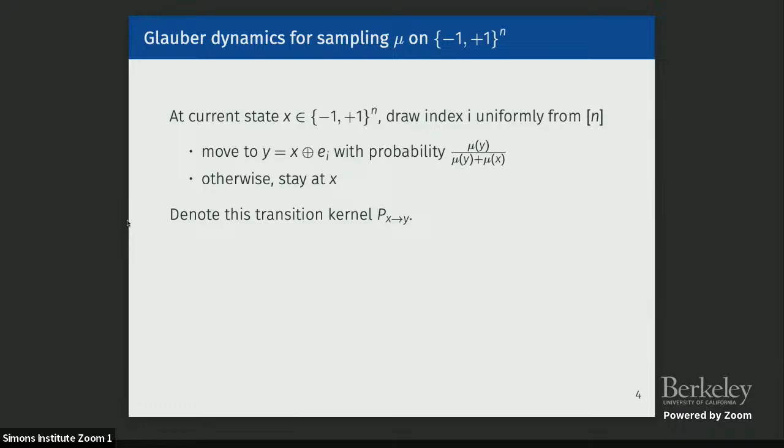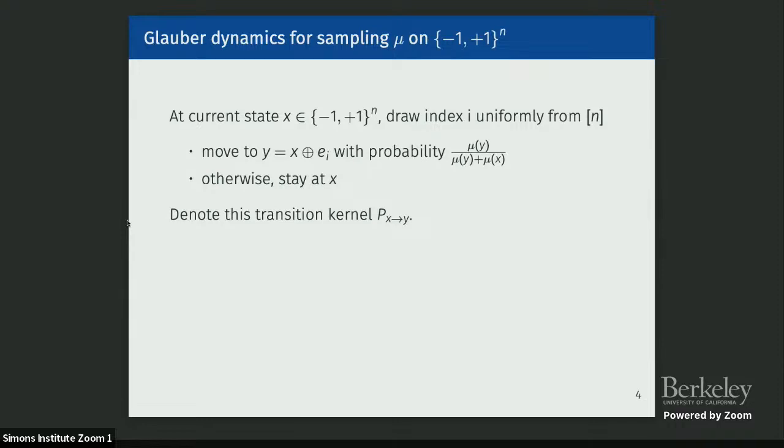At each state, it will move to its neighbor by flipping the i-th coordinate e_i with probability 1/n. You choose the index and flip that index, and then you move to a new point y with some probability that you calculate using your target measure, so that you ensure that the stationary measure of your Markov chain is the correct target measure mu.